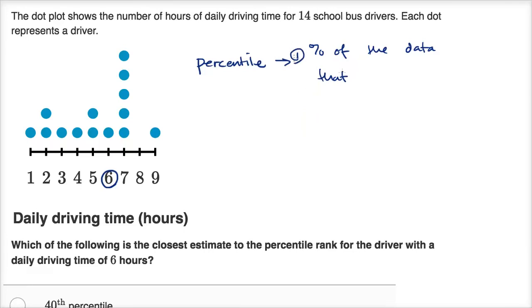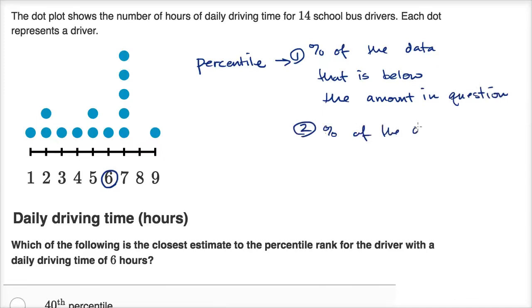One is the percentage of the data that is below the amount in question. The other possibility is the percent of the data that is at or below the amount in question.